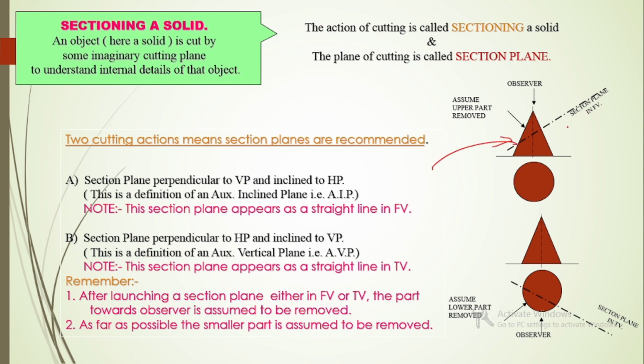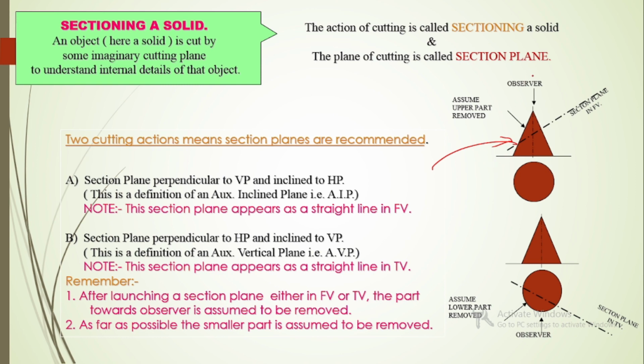The section plane which is perpendicular to VP can be represented as a straight line. Whenever that section plane is inclined to HP, we can represent that straight line as an inclined straight line, inclined to xy line.